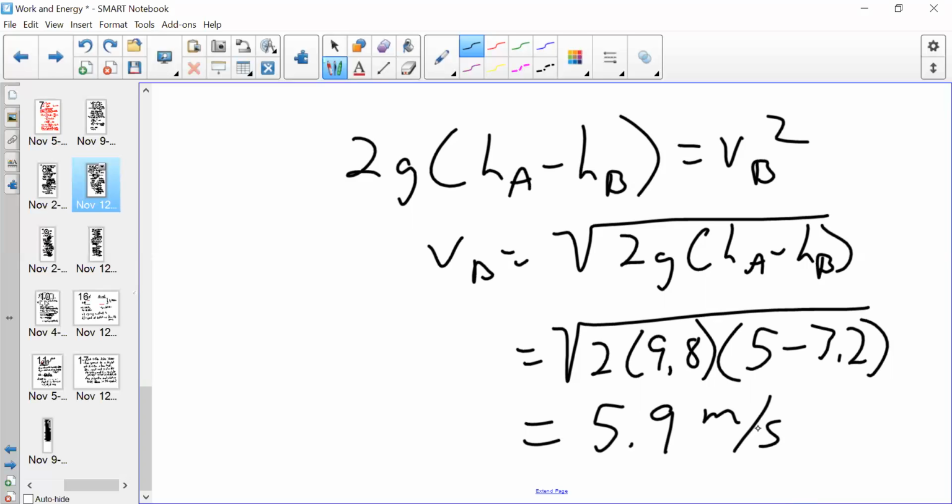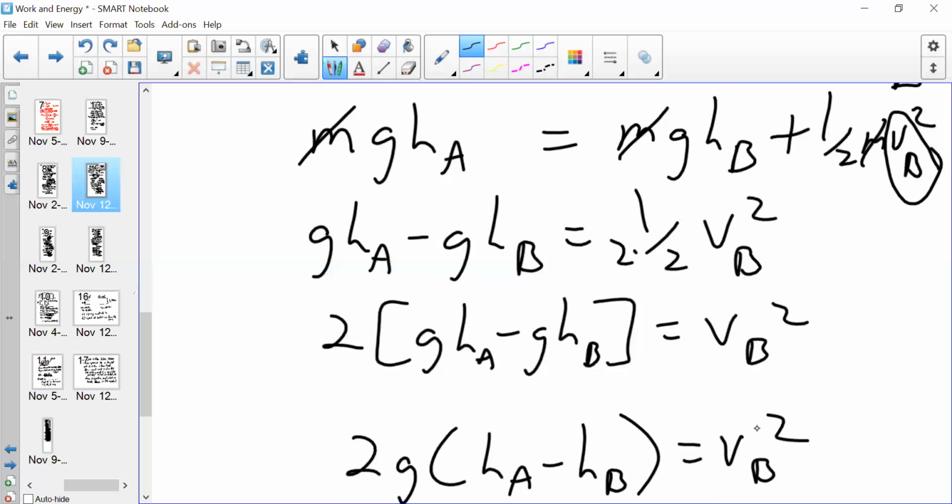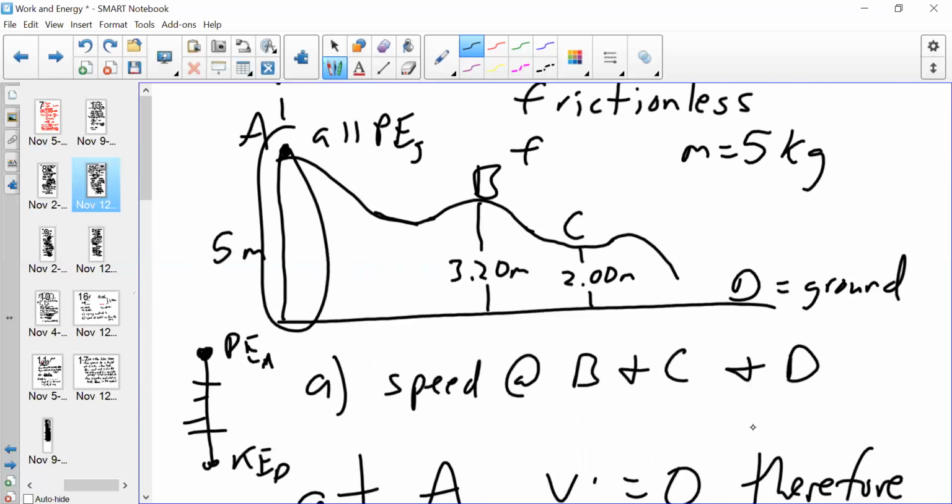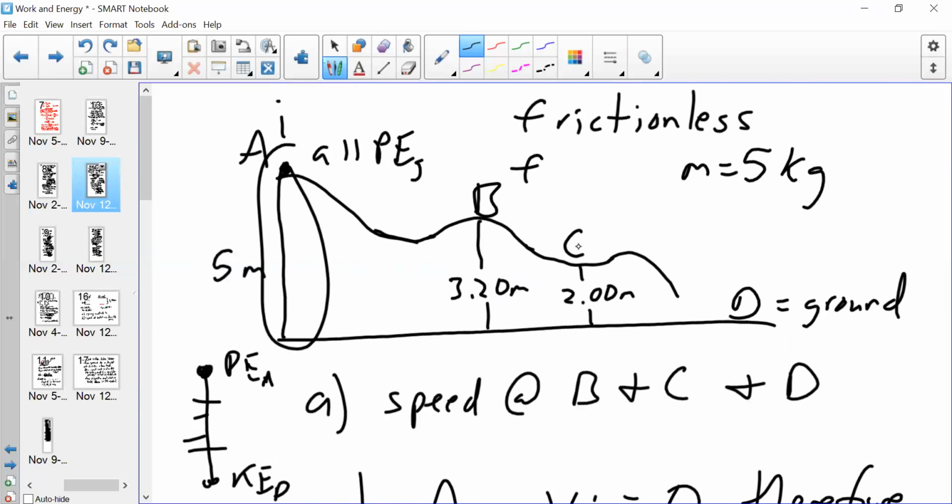And you do likewise for C. Now, a couple of options for C. You could take the energy at B and go to C, or you can go from A to C. It doesn't matter. When you're still in the air and you haven't gotten to the end, it's both; when you got to the end of your journey, it's all kinetic energy. So you can go from A to C: potential energy here, potential and kinetic there, potential and kinetic here, potential and kinetic there, kinetic at the end, right?